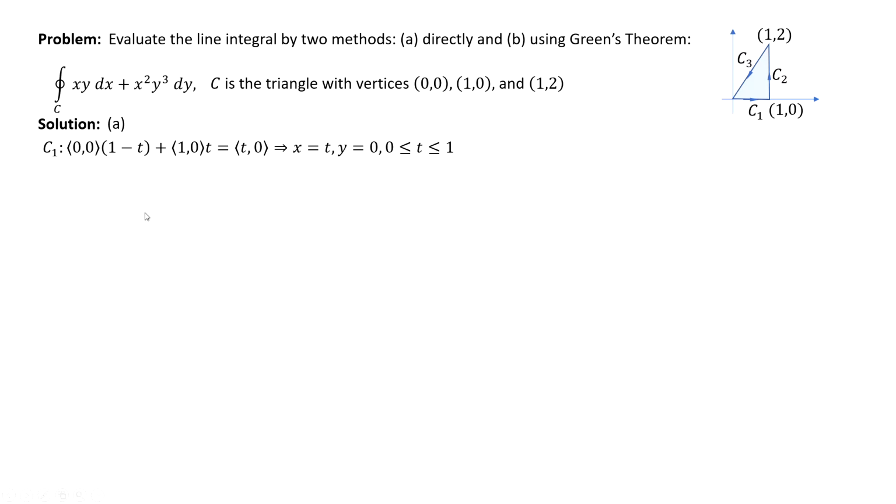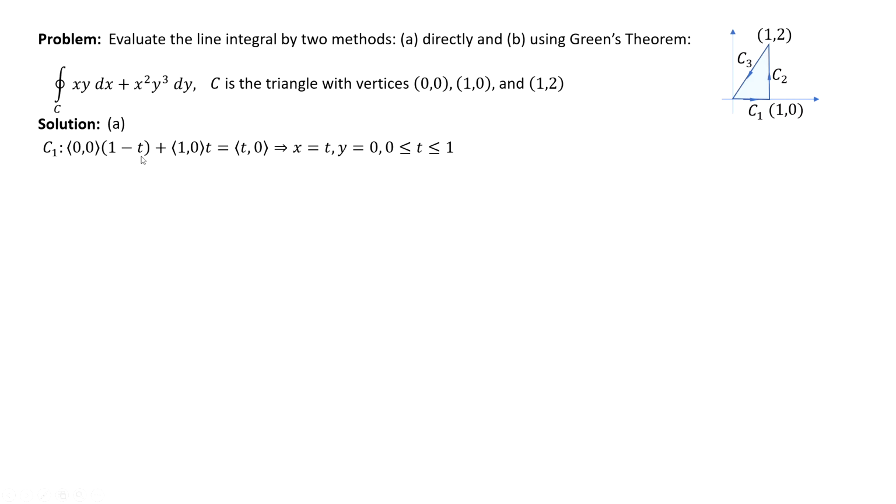Let me remind you quickly why that works. This clearly says if t were to be 0, let's see what happens. If t were to be 0, the second part just goes to 0, right? Okay, and what happens to the first part? 1 minus t becomes just 1. 1 times the initial point.